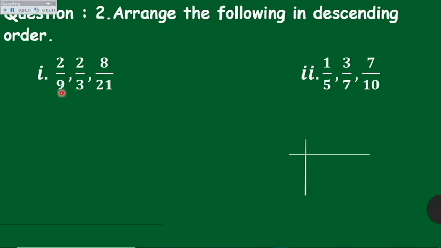I have done one question like this, Exercise 2.1, question number 1, fifth part, with the same method. So first in this condition we take the LCM of the denominators. The first step to make your fractions like is to take the LCM of the denominators.